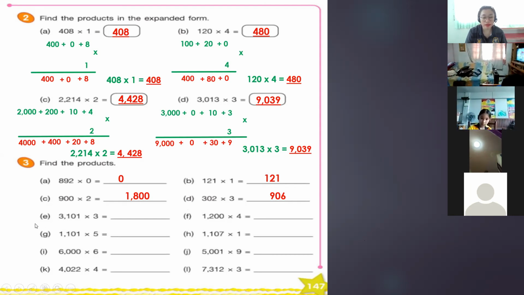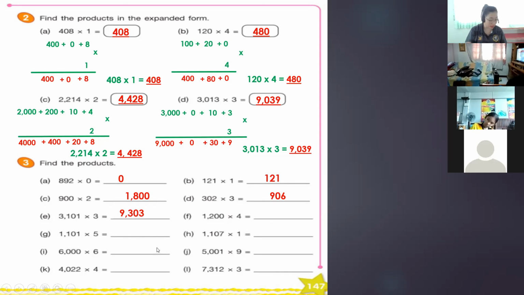Next, letter E. We have 3,101 multiplied by 3. 3 times 1 is 3. 3 times 0 is 0. 3 times 1 is 3. And 3 times 3 is 9. So the product of 3,101 multiplied by 3 is 9,303.